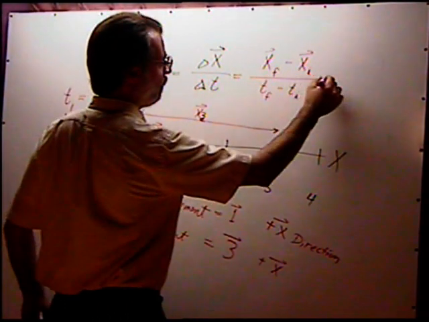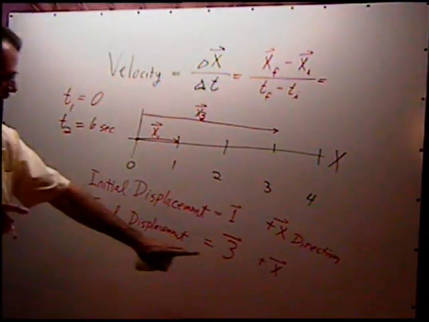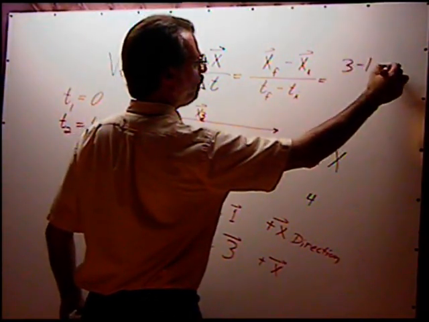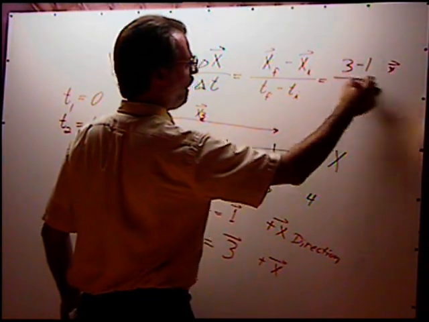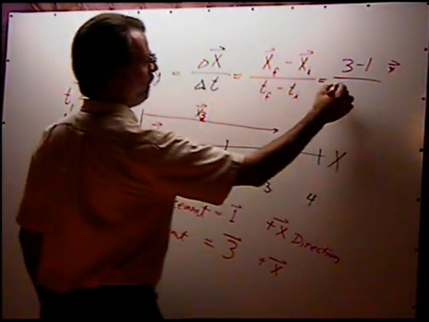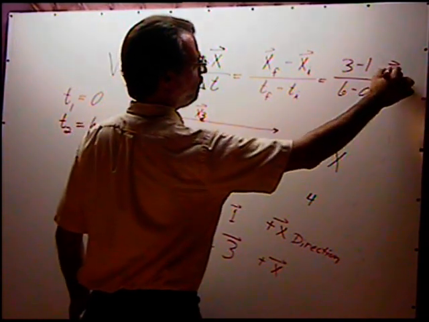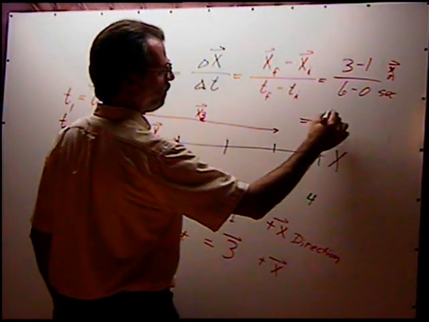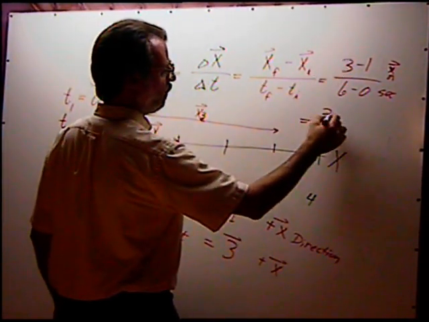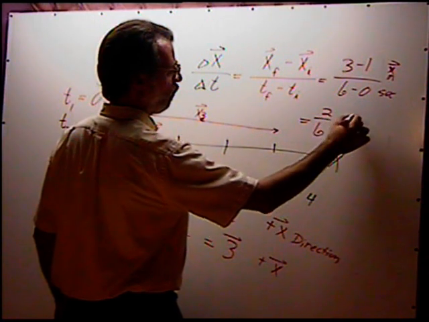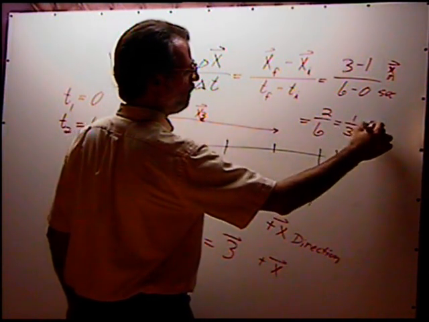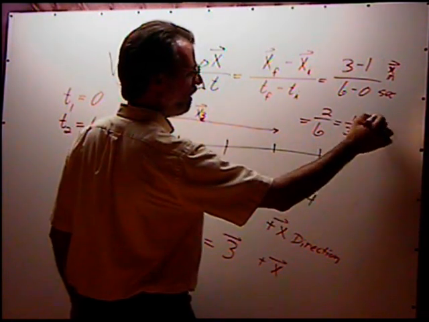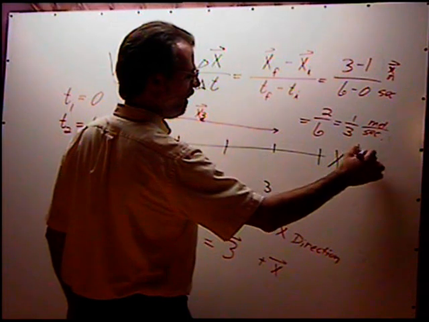So this is 3 minus 1 going in the x direction, divided by 6 minus 0. This is in meters, and this is in seconds, and this equals 2 over 6, which is 1/3 meters per second. And it's in the direction, the direction is in the plus x direction.